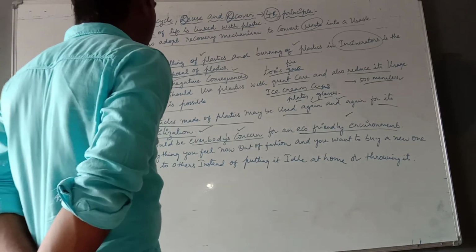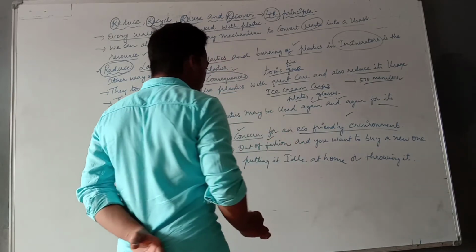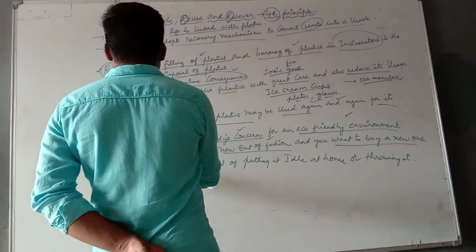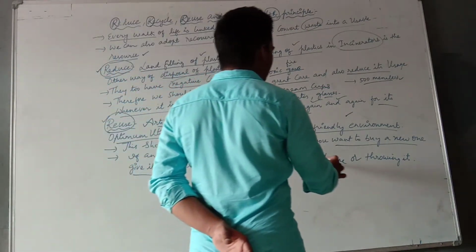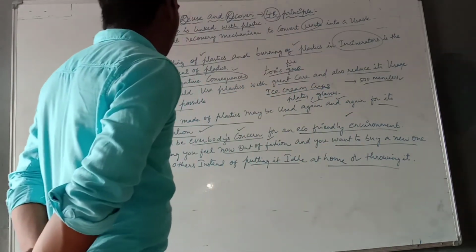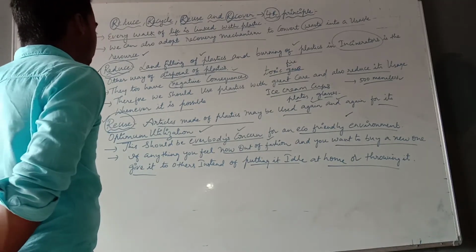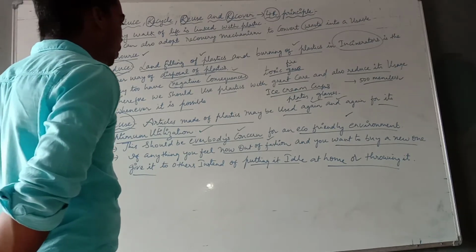If anything is now out of fashion and you are not using it, and you want to buy a new one, you can donate it instead of keeping it idle or throwing it out. Instead of throwing or keeping it aside idle at home, you can give it to others.